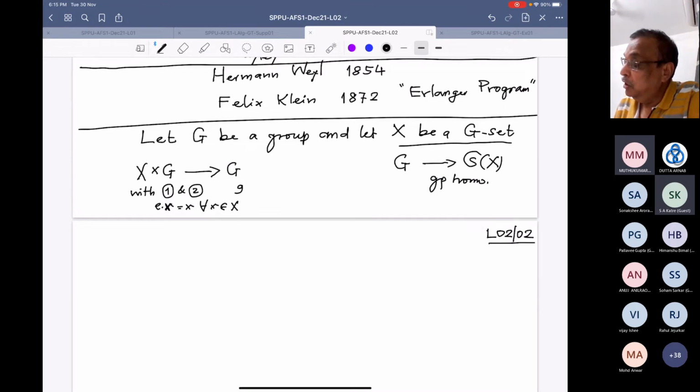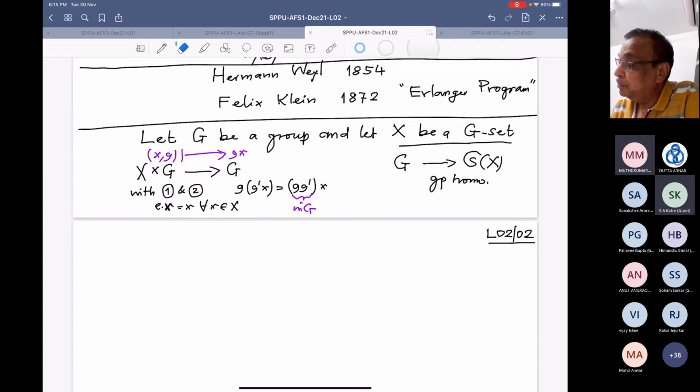That is, (g'g)x is same as g'(gx). And don't write blindly. Remember that this is in G. This is the group operation in G, and this is what we have defined here. That is (x, g), and the image you are denoting by gx. Oh, this is x.